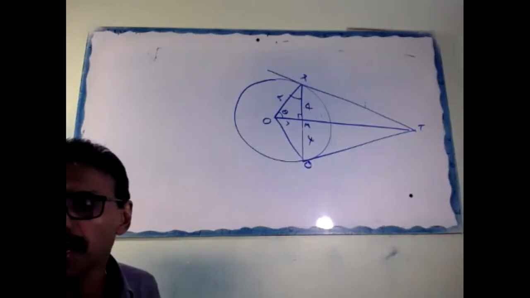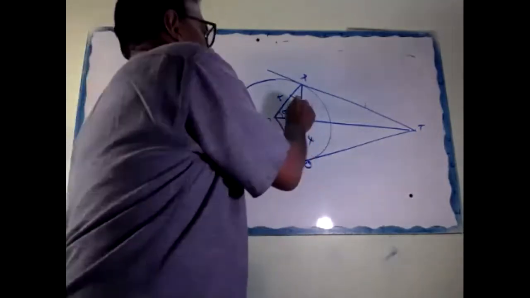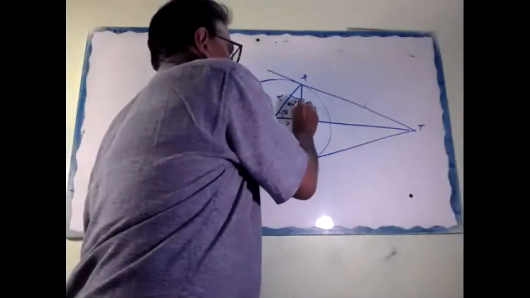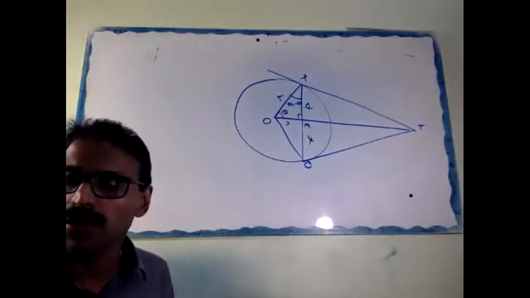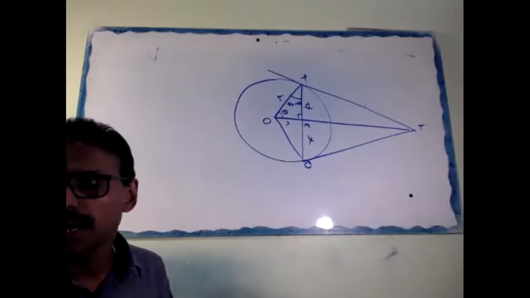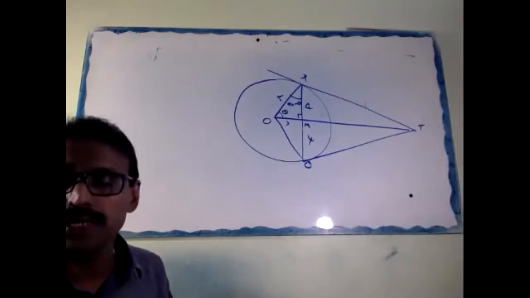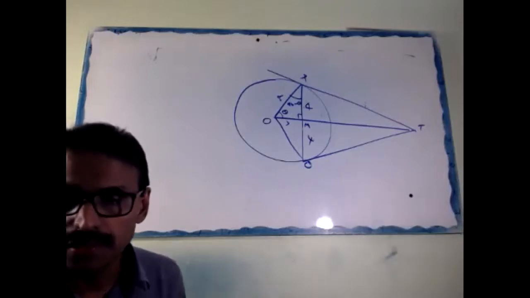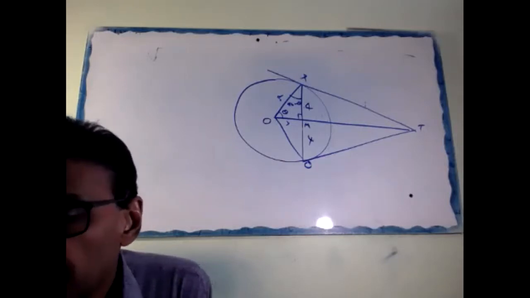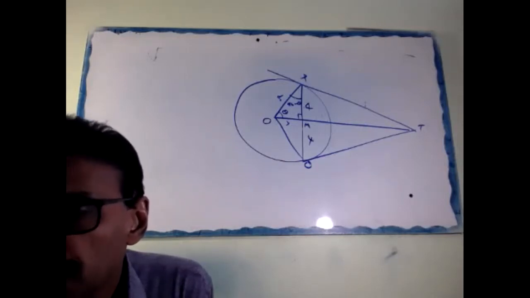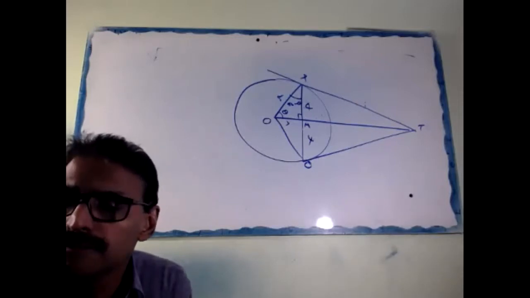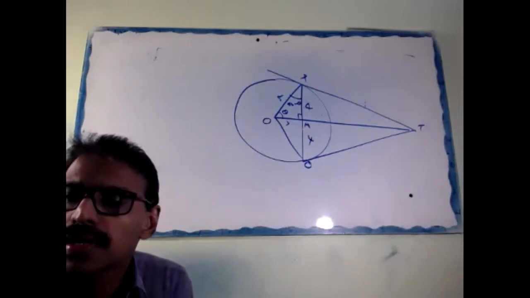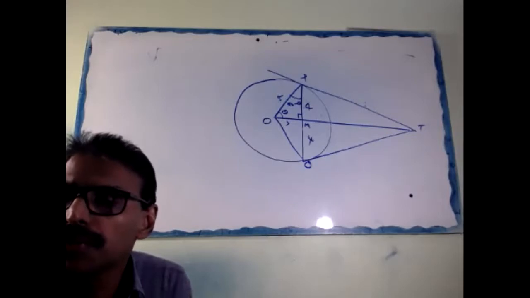Angle OPT, how much? 90. Angle OPT is 90. Reason: radius through the point of contact is perpendicular to the tangent.